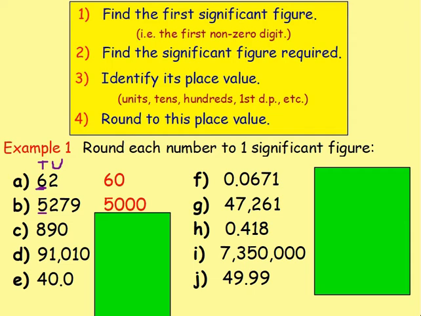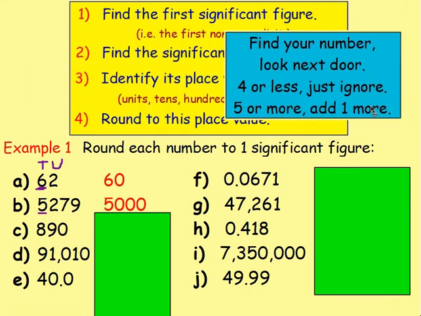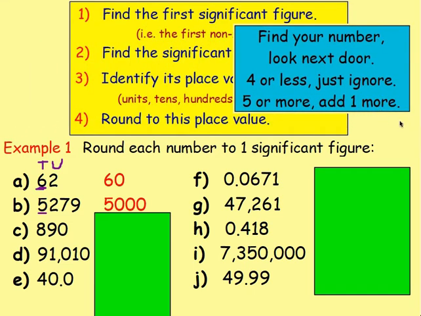If anybody's unsure about the whole rounding part, this is a little poem that I use to round. So if we have 5,279, to round that number to the nearest 1,000, well, we find our number, so we've done that. We've got the 5, we know that's in the thousands column, that's what we want to round to. So we find our number, we look next door.